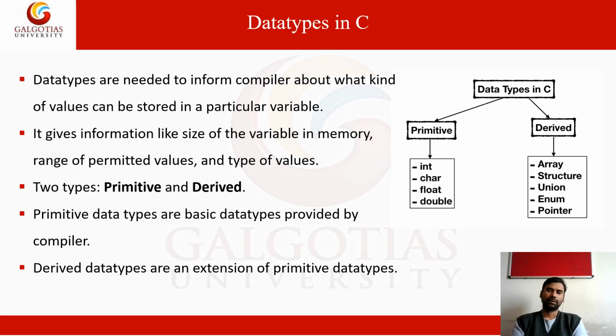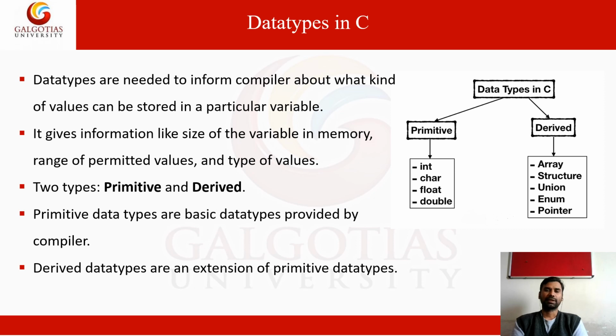These are derived from primitives, for example an array, which can be an integer array, a character array, or a double floating point array.